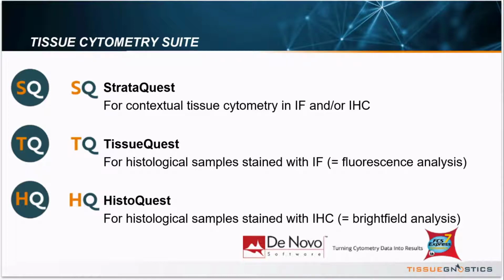We have three applications, called HistoQuest, TissueQuest, and StrataQuest, with StrataQuest being our high-end solution that allows contextual tissue cytometry, has deep learning functionality and a machine learning module, and allows high-end solutions in image cytometry.